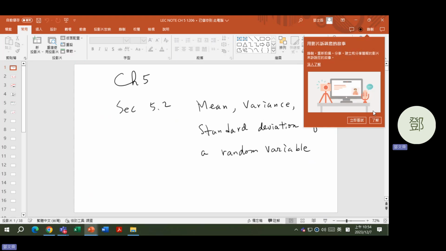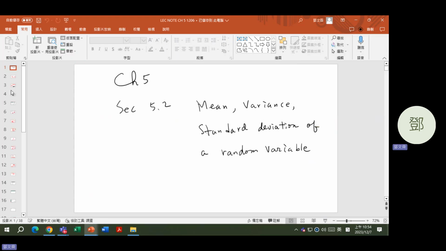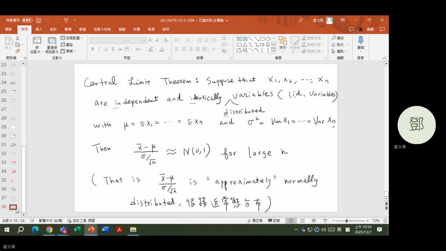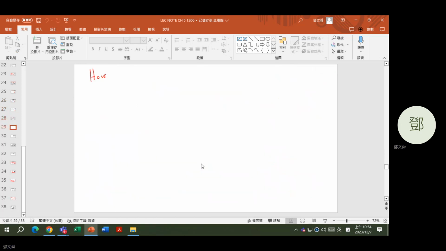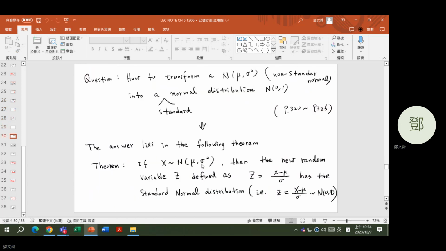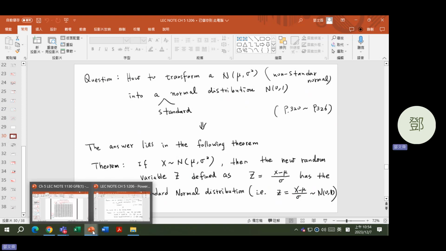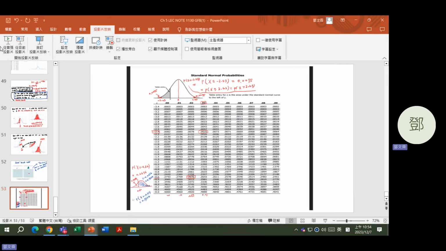This one. Where is it? Not this one. Oh, yep. This one. This one here. This one here. Yep. Whoa. Yep. From 30 to 38. From 30 to 38. Okay. 30 to 38. Yep.